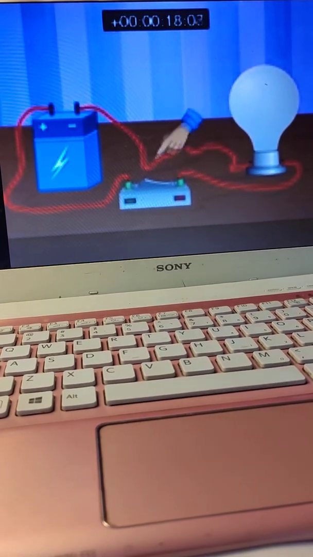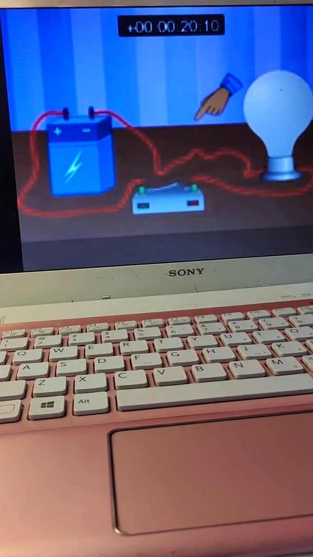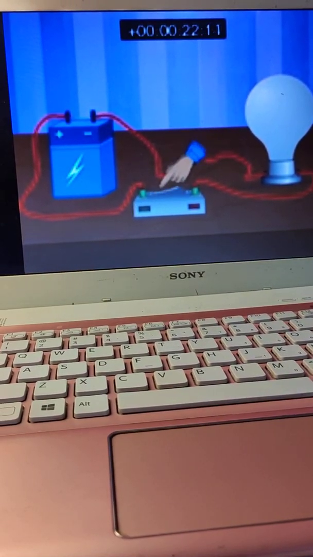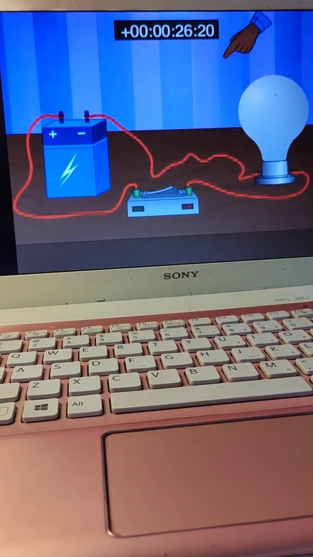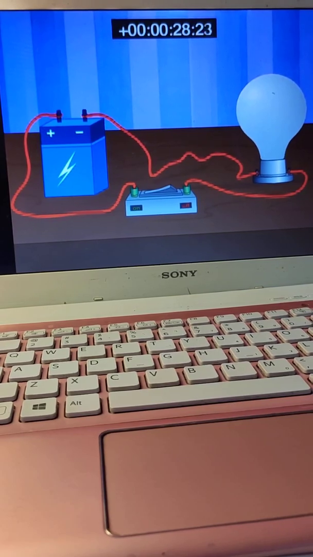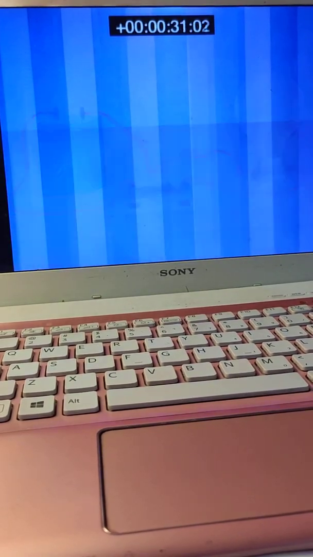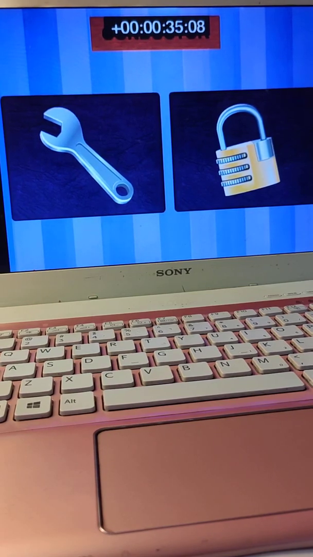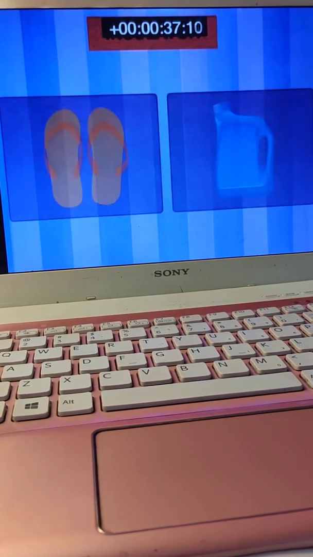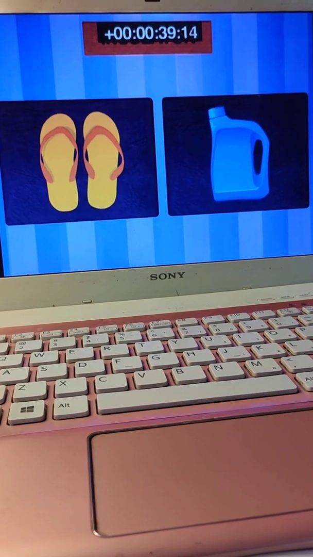Insulators do just the opposite: materials which do not allow electricity to flow through them are called electrical insulators. Almost all metals like iron and copper are good conductors, while materials like rubber and plastic are good insulators.